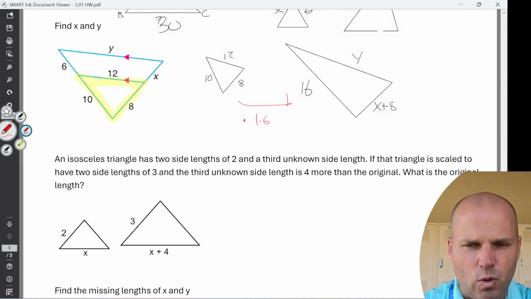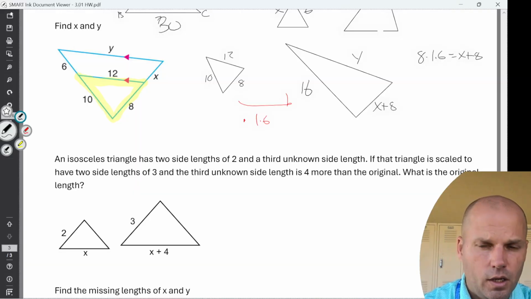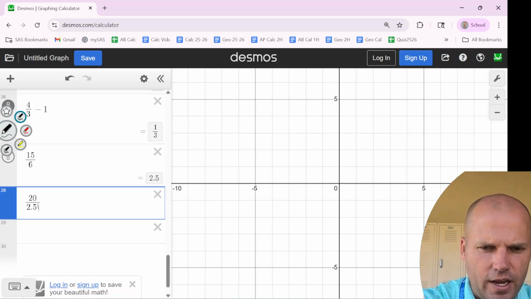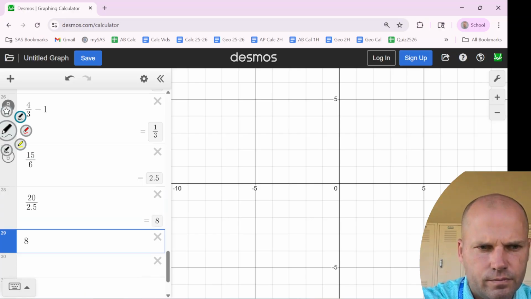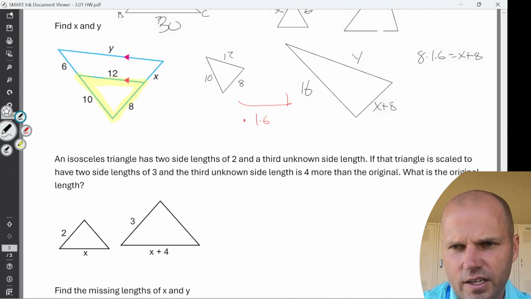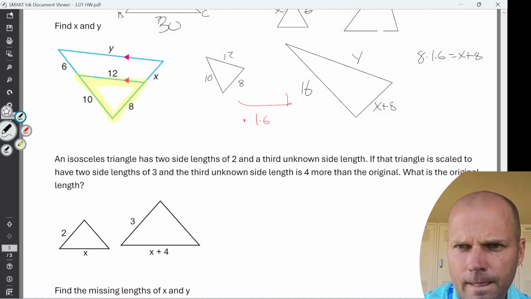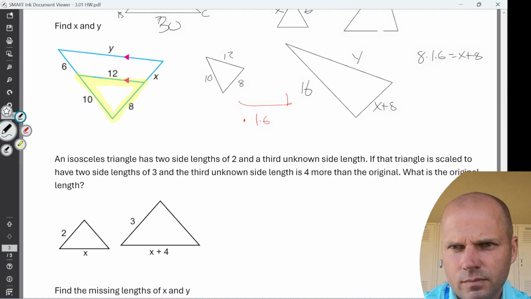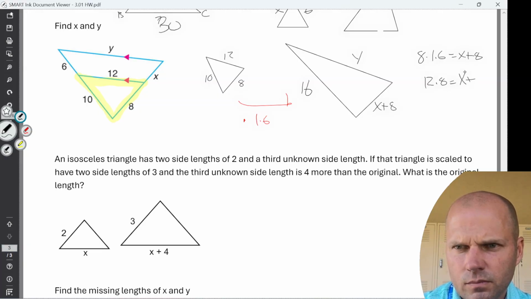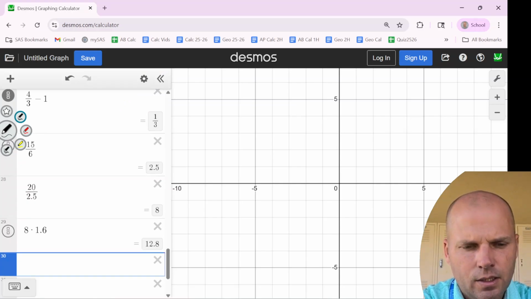So we got 8 times 1.6 is 8 plus x. Yeah, x plus 8. So 8 times 1.6 is 12.8. So I got 12.8 equals x plus 8.